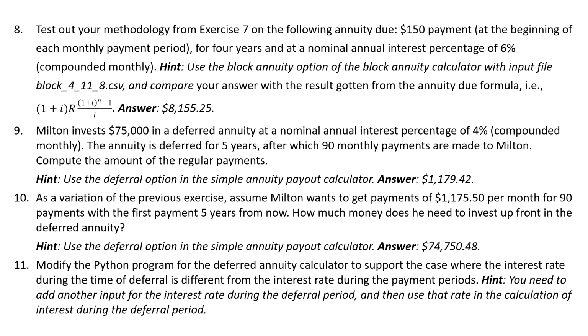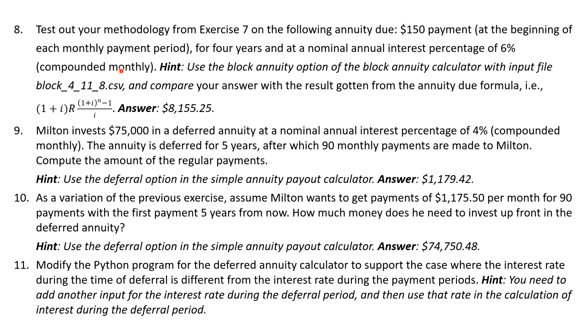Problem number 8 is a test of our methodology that we just talked about. We want to find the value of an annuity due at term given the following conditions: $150 payment at the beginning of each month for 4 years at a nominal annual interest percentage of 6% compounded monthly.